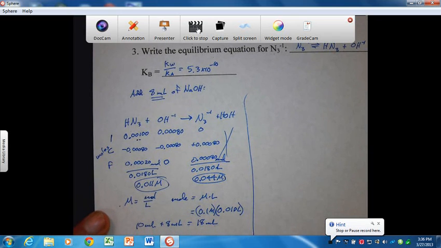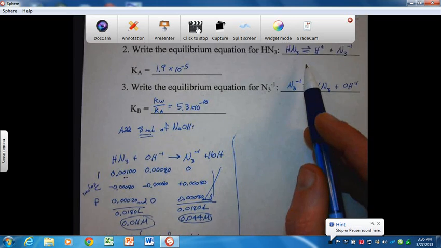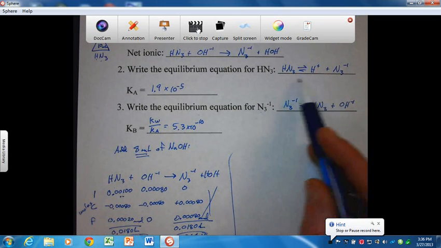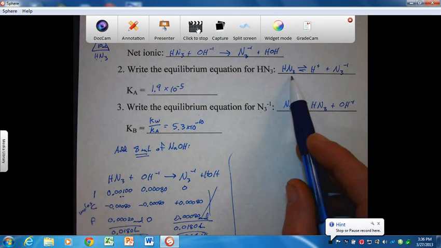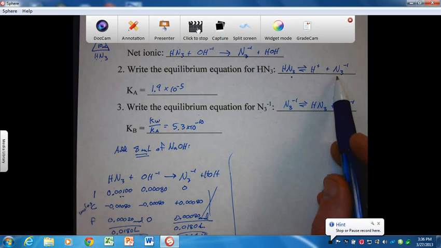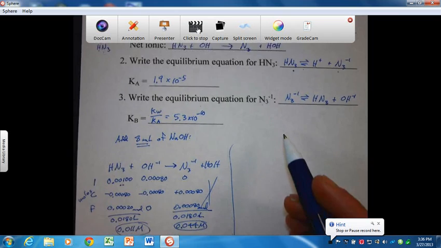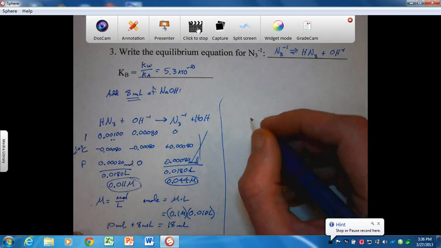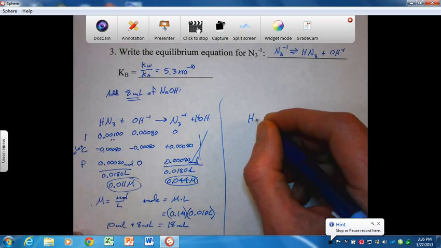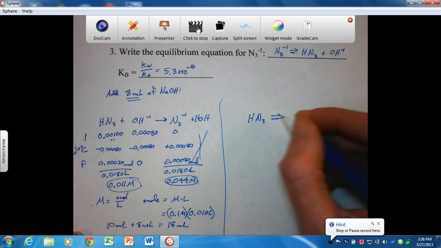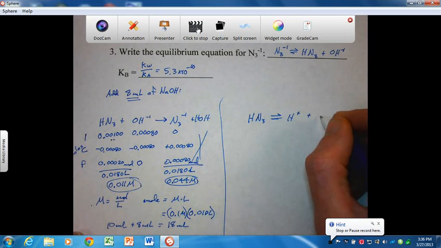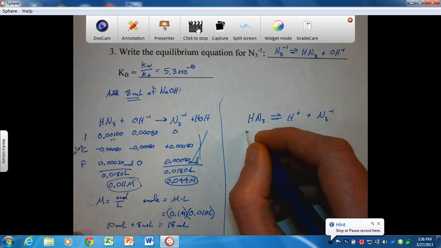Now what we've got to do is the equilibrium, not the stoichiometry. Since we have a weak acid left, along with this weak acid's conjugate base, there's going to be equilibrium that happens. So next we go and we say the equilibrium expression, HN3 gives us H plus 1 and N3 minus 1. I'm going to use ICE now.